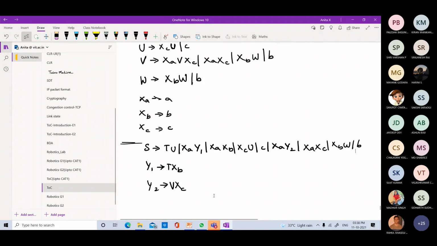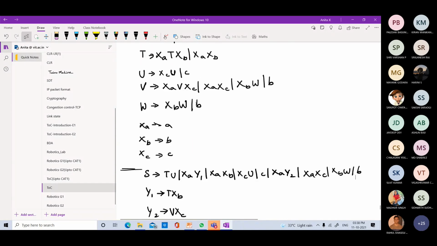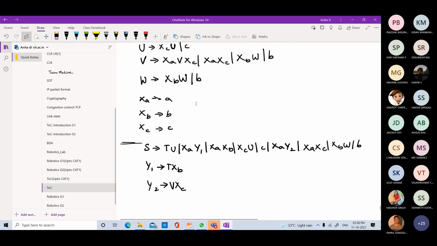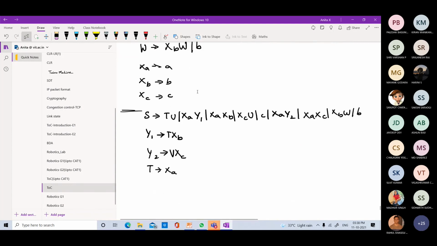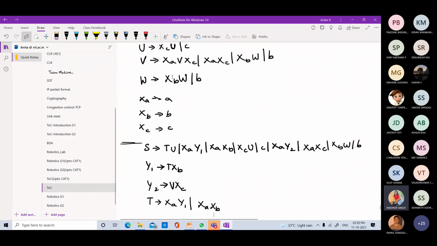Yes, let me proceed with the next one. T derives Y1, Xb, or Xa, Xb. And then next is Q derives XcU or c.